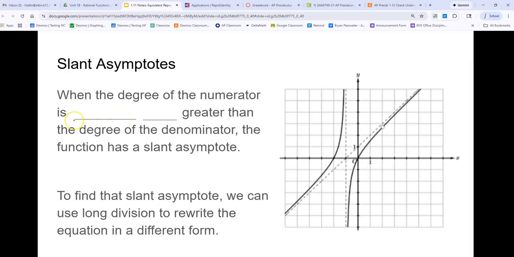Let's talk about some slant asymptotes. When the degree of the numerator is exactly 1 greater than the degree of the denominator, the function has a slant asymptote.